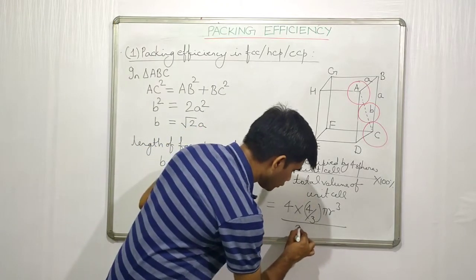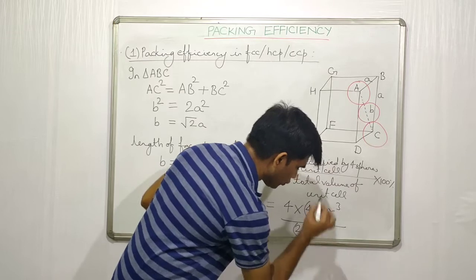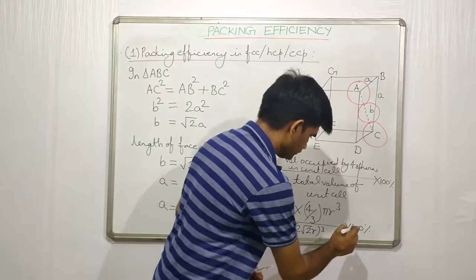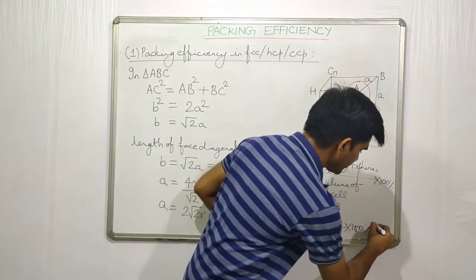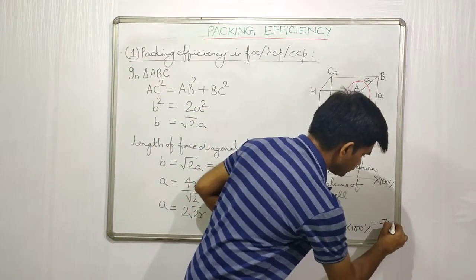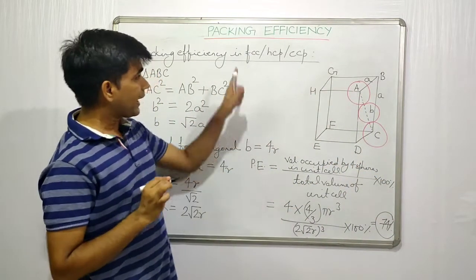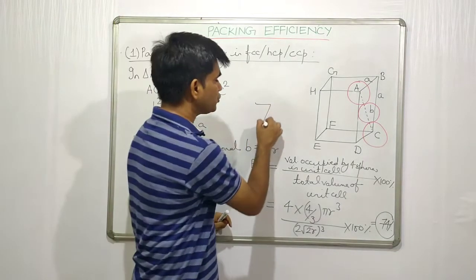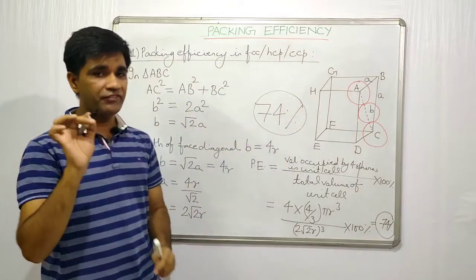So it would be equal to (2 root 2 r) cube into 100%. Students, it would come to 74%. So packing efficiency in case of FCC, HCP and CCP is equal to 74%, and it is always fixed.